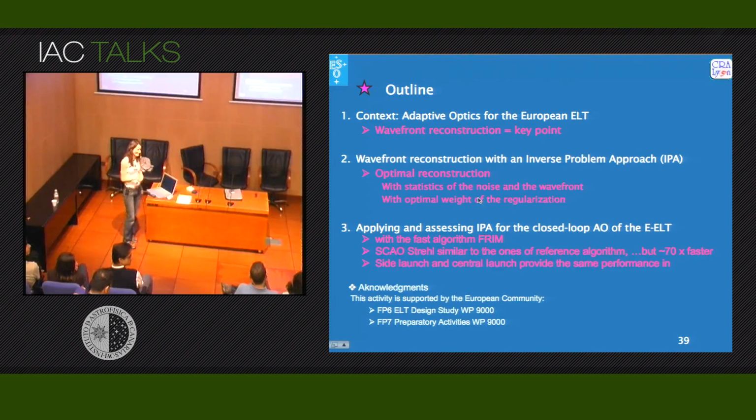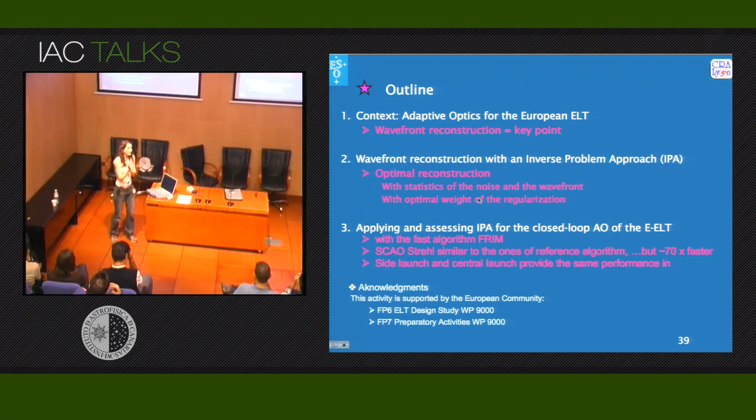There are also several studies, much more accurate than what we had done before, about the sodium density in the sodium layer, because a lot of the performance of the adaptive optics system is strongly related to the way the sodium density is evolving in time. And there is very, very little data with the right accuracy about this.